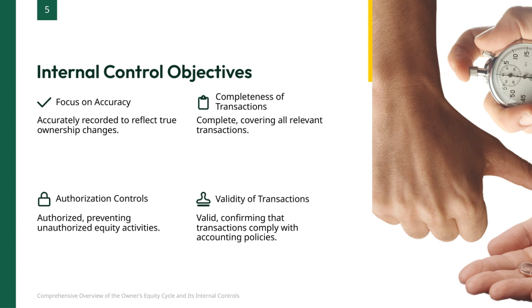Then, we have authorization controls, which are put in place to prevent any unauthorized equity activities, safeguarding the company from improper actions. Finally, validity ensures that all transactions comply with the established accounting policies, confirming their legitimacy and alignment with regulations. Together, these objectives form a strong foundation for effective equity transaction controls.